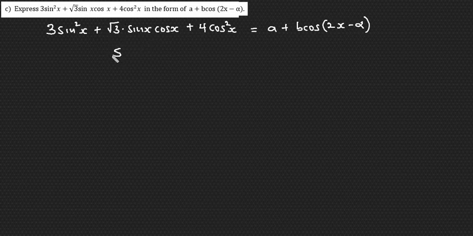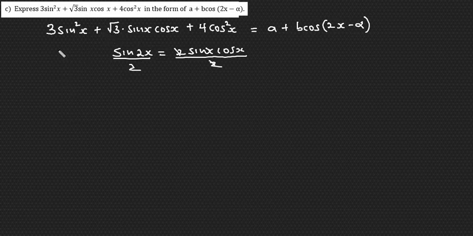Remember that sine of 2x is equal to twice sine x cos x, implying that this one alone can be converted to a double angle. How? Because sine x cos x is a half of sine 2x.